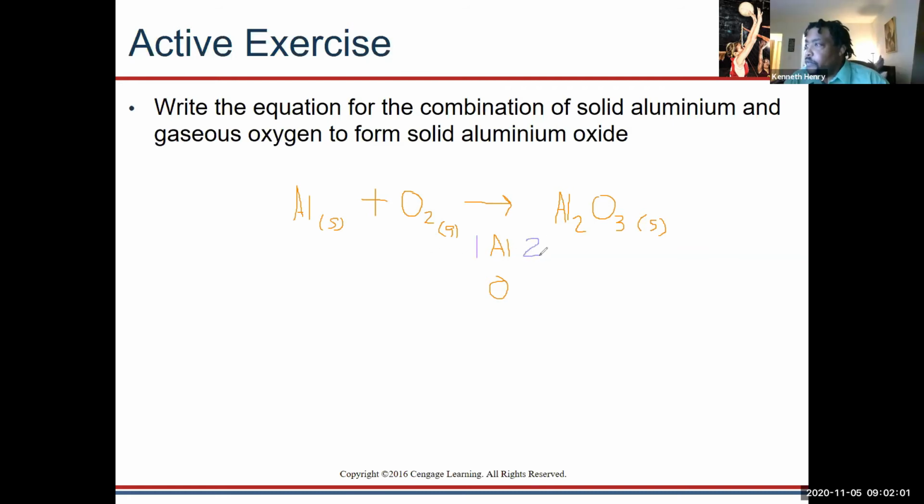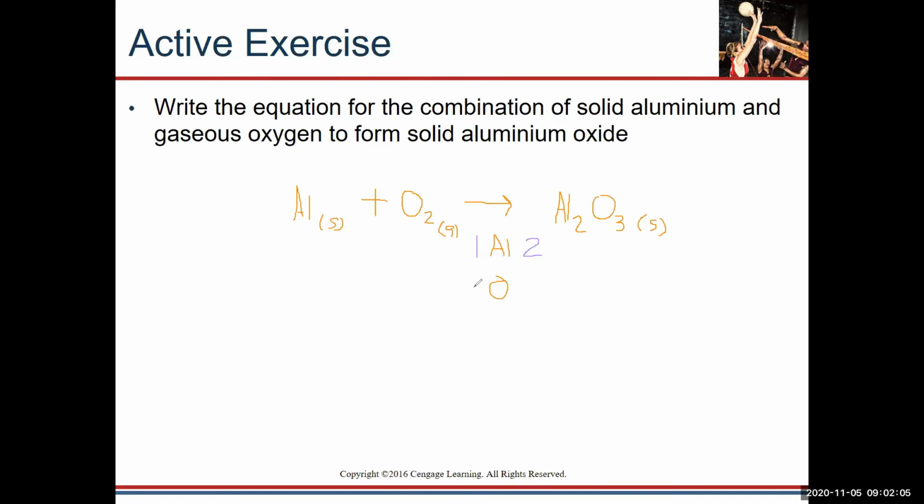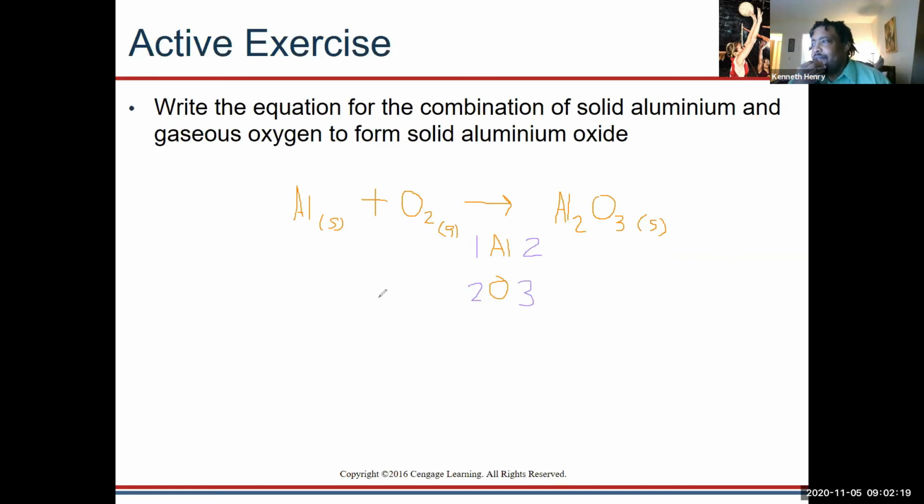On the product side, it's 2 aluminum and 3 oxygen. Is it balanced? No. So what do we need to do to balance it?